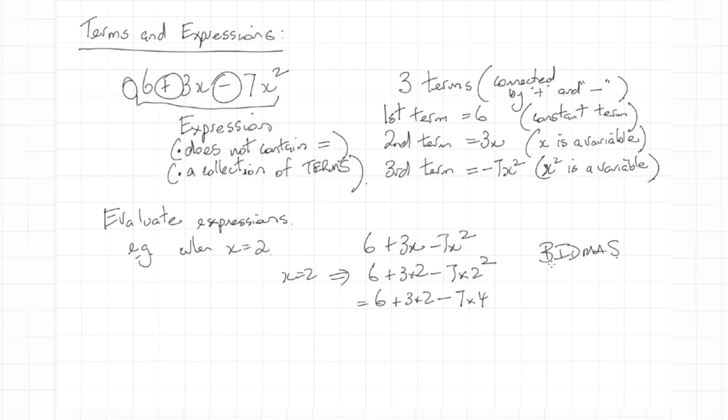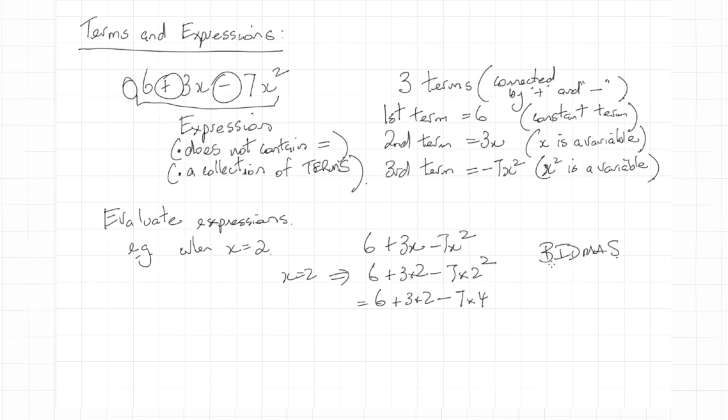And then we do addition or subtraction left to right, so we do 6 plus 6 is 12 minus 28 is equal to negative 16. So evaluating expressions, they can get a lot more complicated. We've just picked an expression with one unknown, and with 3 terms; they can become more complicated than that.